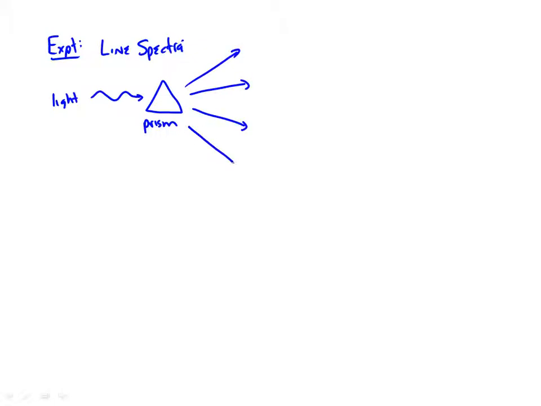The experiment is called line spectra, or we can refer to it as that. And if we think of light normally as a wave, and we put it through a prism, what happens? It bounces off or refracts. Yeah, and what do we get? Color. Yeah, we get the rainbow, right?